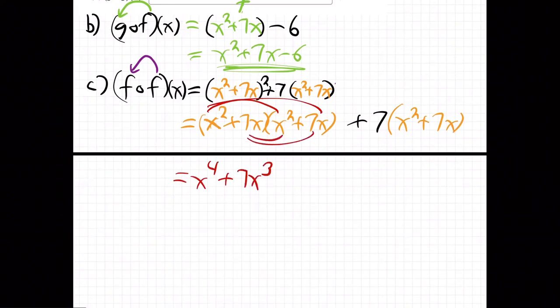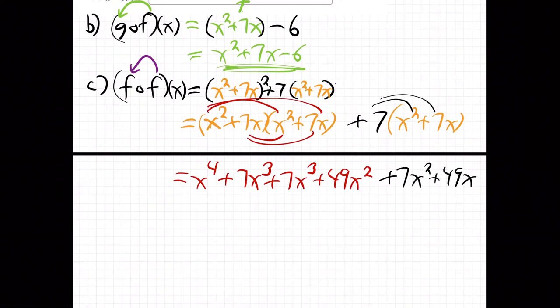The second one goes to both, plus 7x cubed plus 49x squared. And then at the back, 7x squared plus 49x. I'm multiplying all of them. Remember when you multiply, out front numbers multiply, powers add. So like 7x times x squared, the invisible x to the 1 and x squared add to be x cubed.